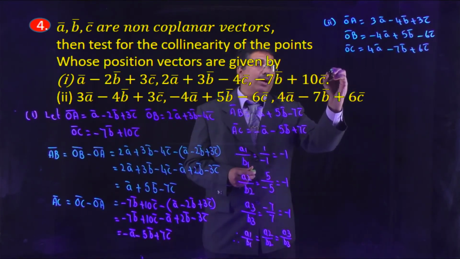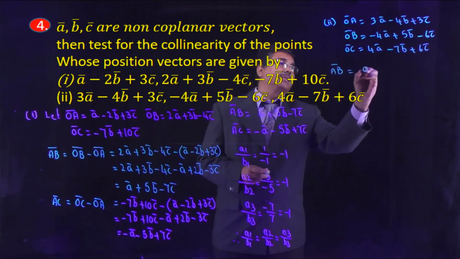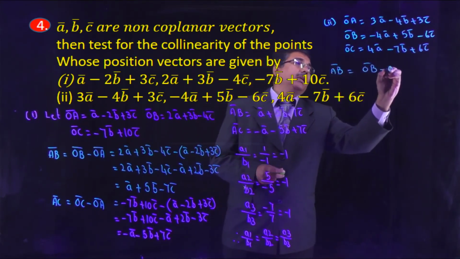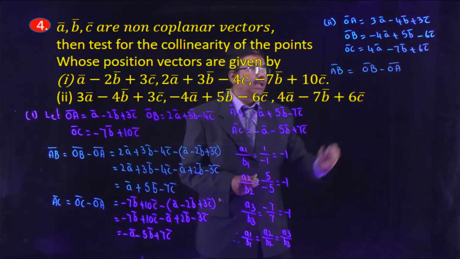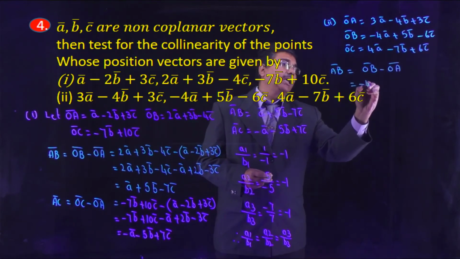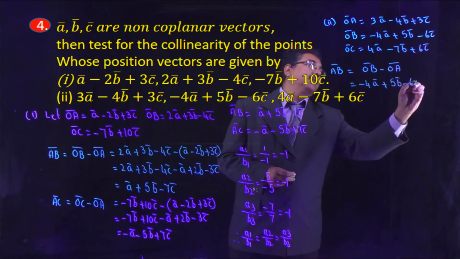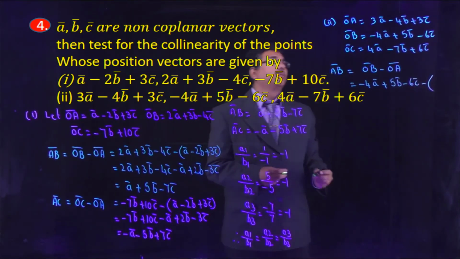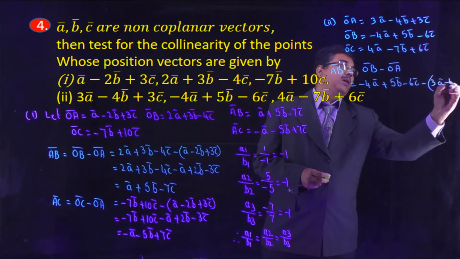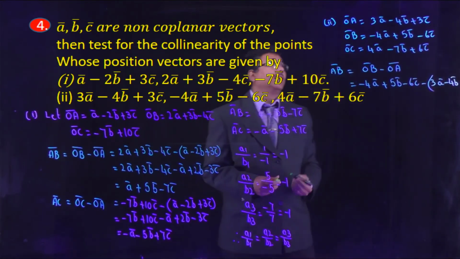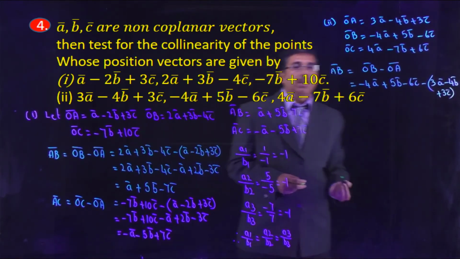Right, AB bar is equal to position vector of B minus position vector of A, that is equal to minus 4A bar plus 5B bar minus 6C bar minus OA bar, 3A bar minus 4B bar plus 3C bar, right?